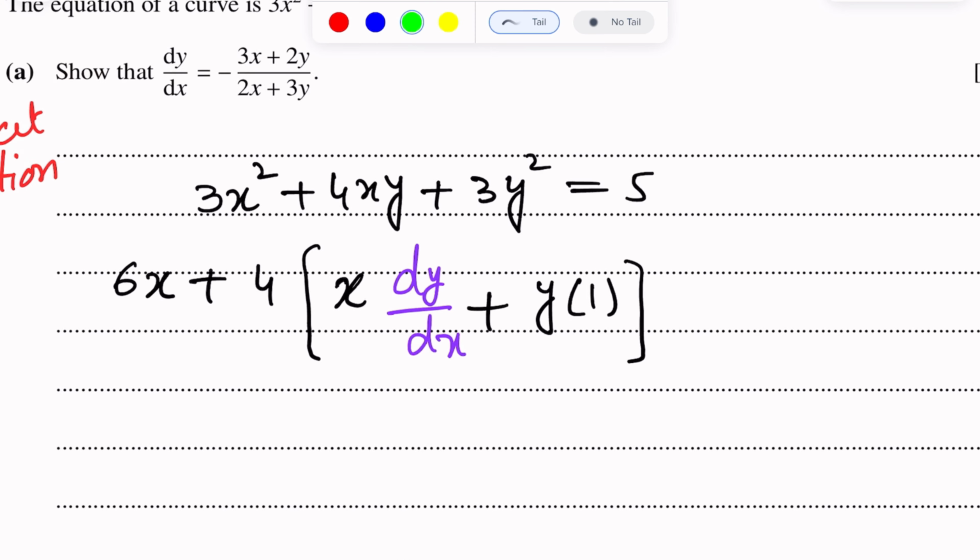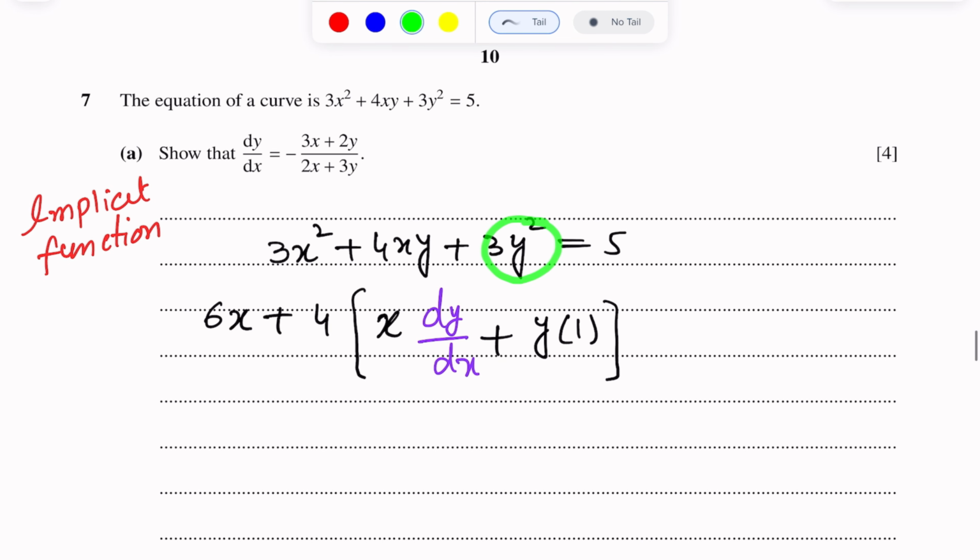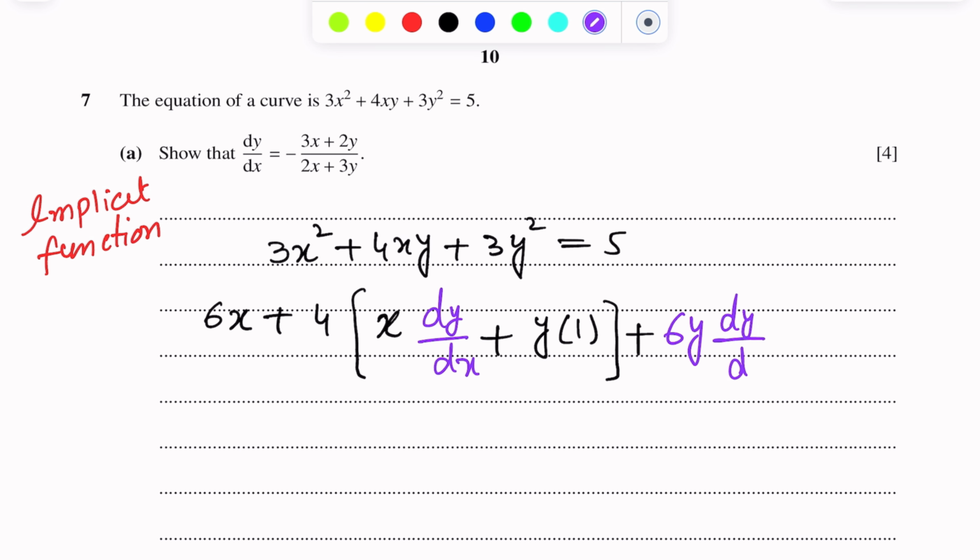Now the third term is 3y square. Differentiating this with respect to x, this will become 6y dy over dx, because we are differentiating with respect to x.